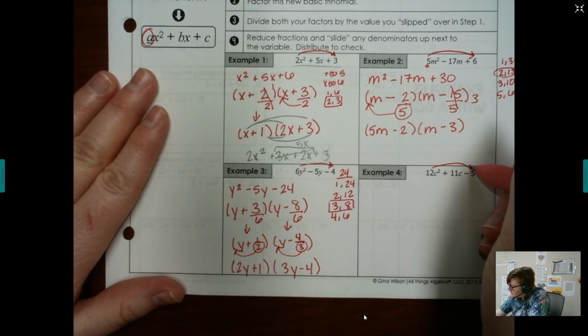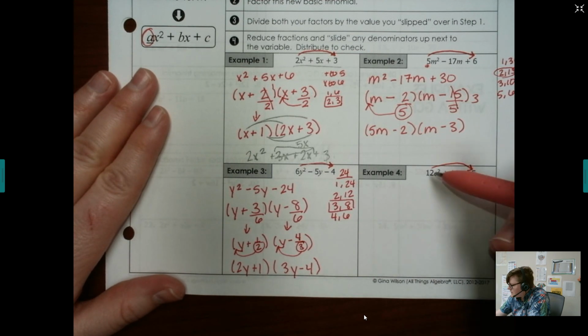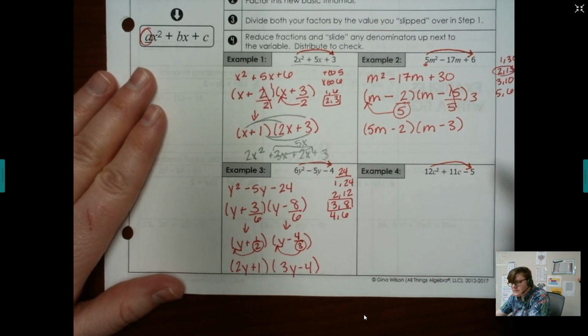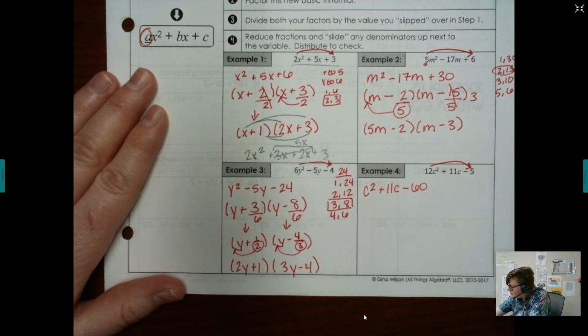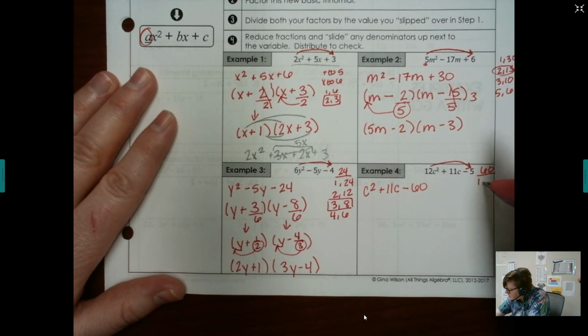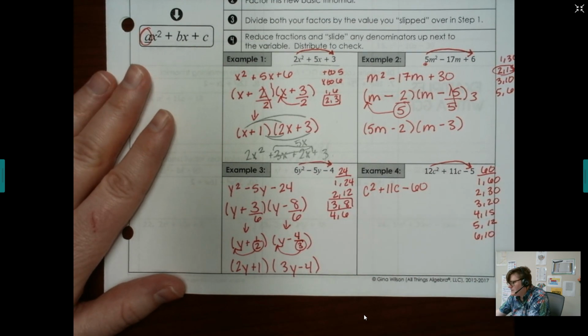Okay, so next we're gonna do the same process, c squared plus 11c minus 60. Okay, so 60 has a lot of factors. 3 and 20, 4 and 15, 5 and 12, 6 and 10. That's the last one.